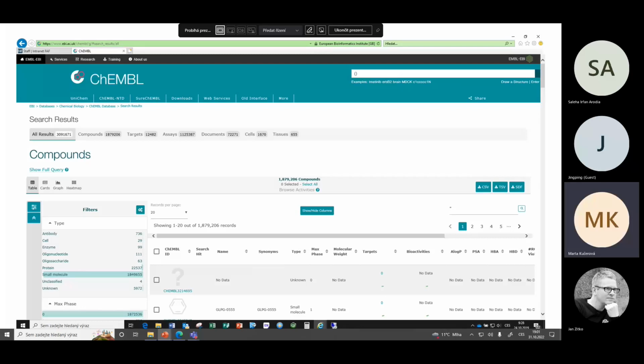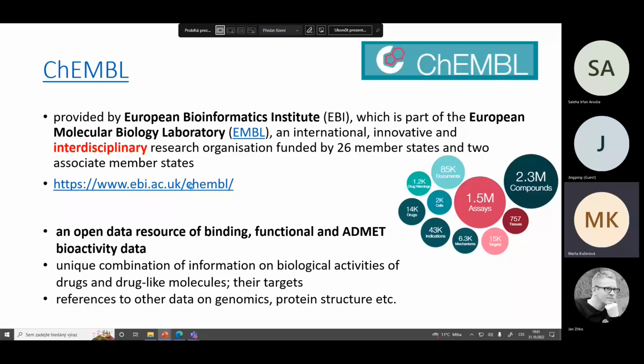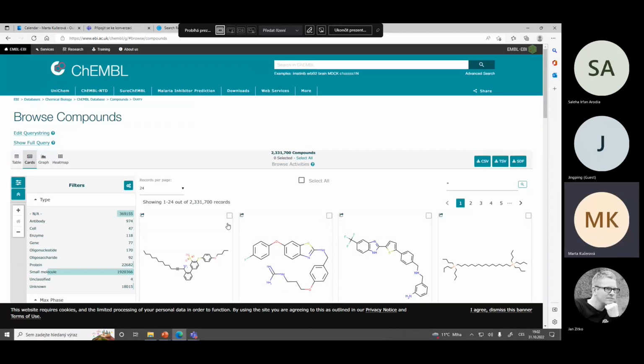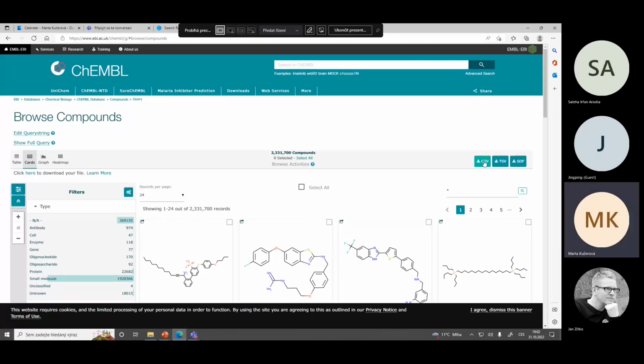So this is how the website looks like, and I skip to the internet. So clicking on the bubbles, you would get directly to the compounds in a table arrangement. And you should be able to download the CSV file from this website.